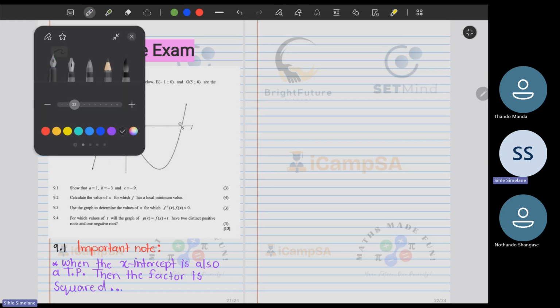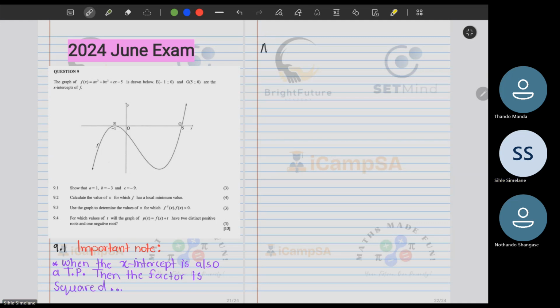So if you observe carefully at E, what we have there, we have our turning point. But do you also see that it is also the point where we have the x-intercept?